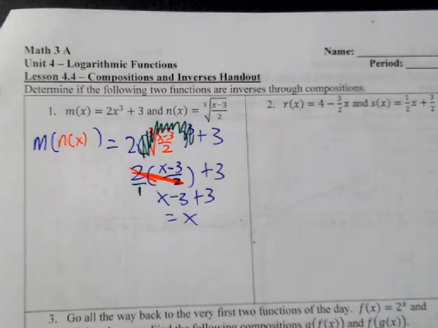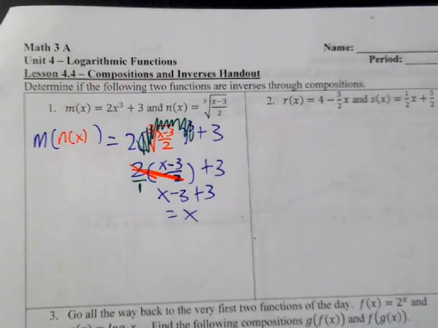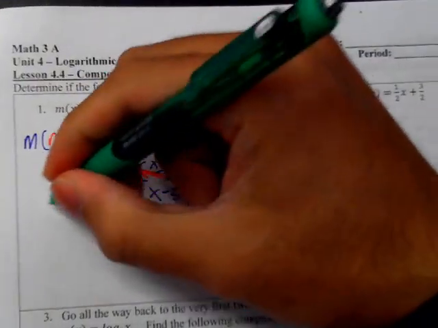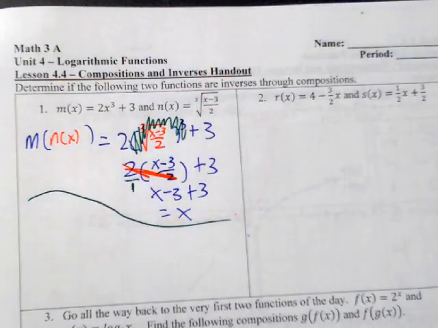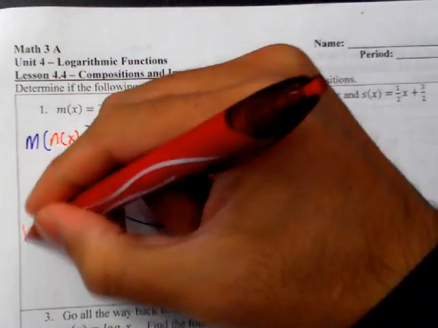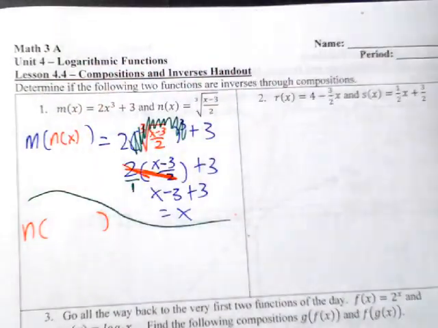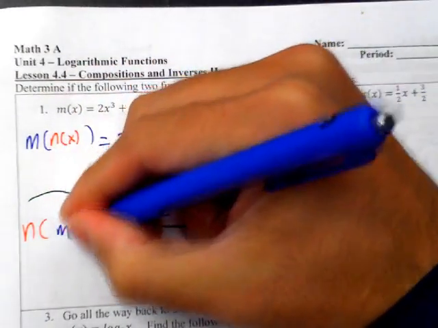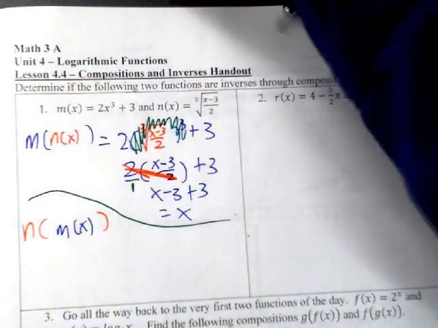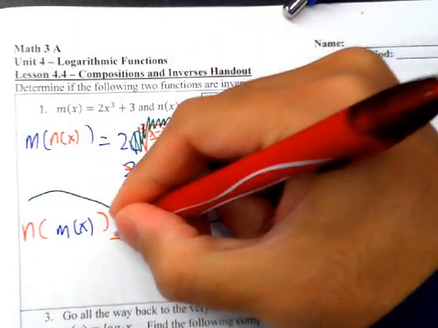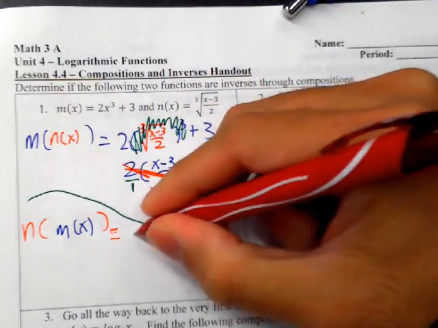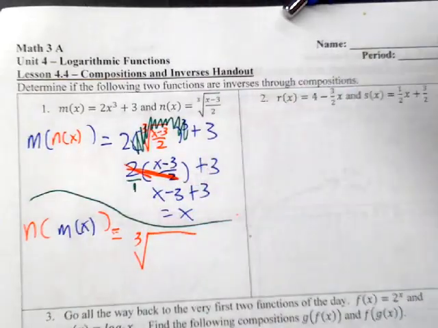Correct. Yes. Okay, so this time I will replace the x over here with a big parentheses and fill in that parentheses with the other function, 2x cubed plus 3. These parentheses don't actually have any effect.